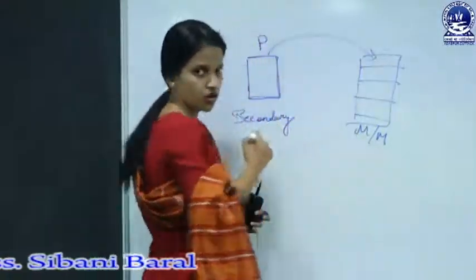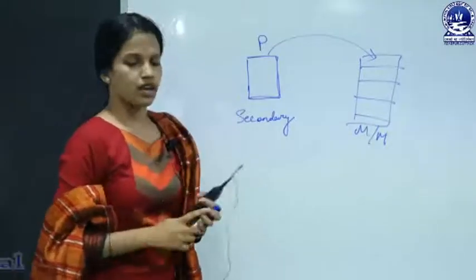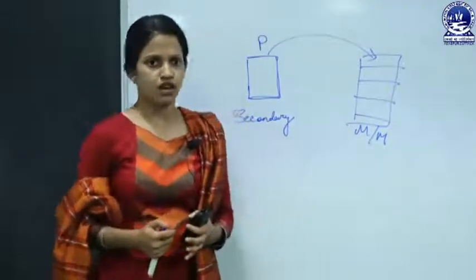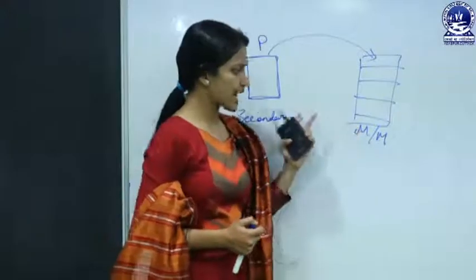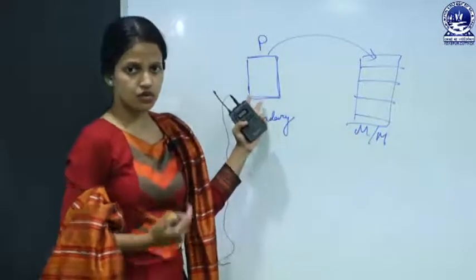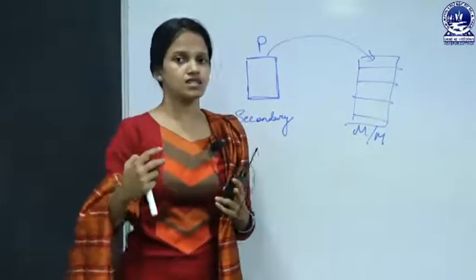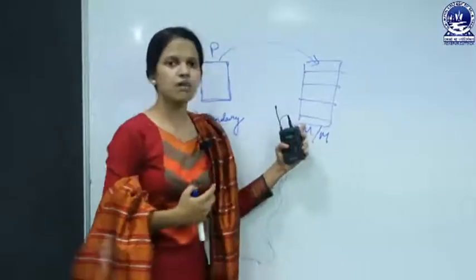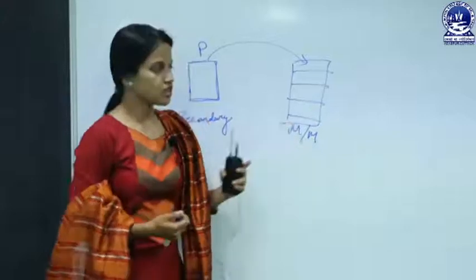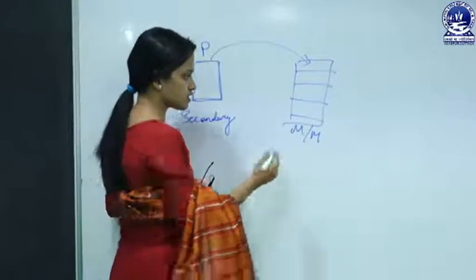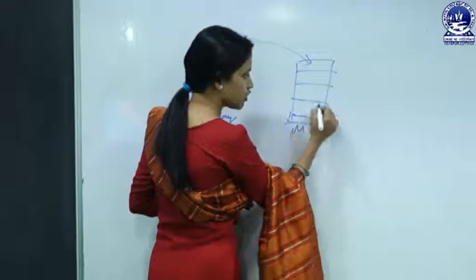Sometimes it may happen that a new process has come and the size of the process is very large compared to the size of the main memory. This main memory is divided into frames.